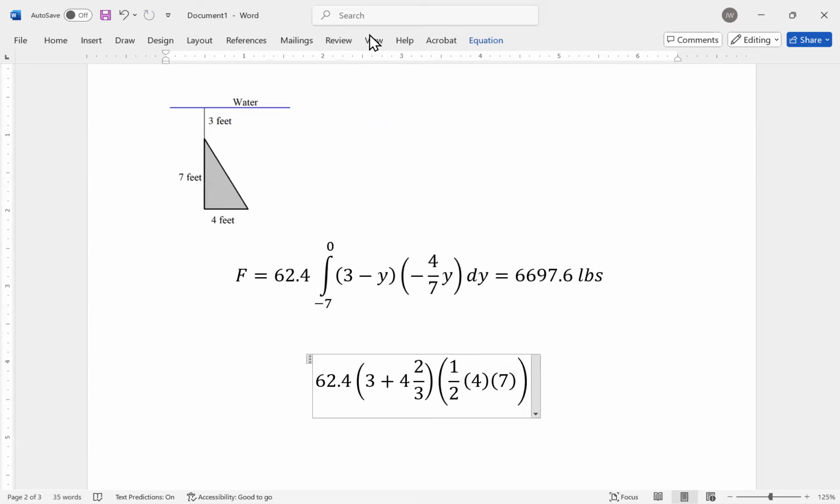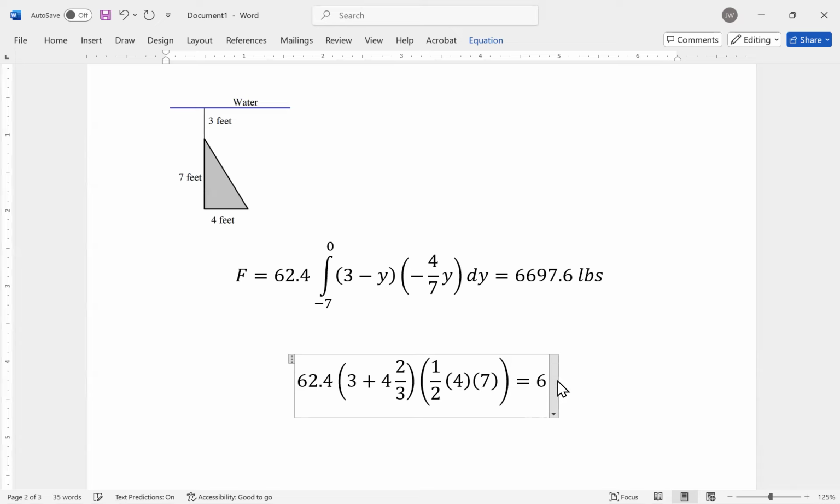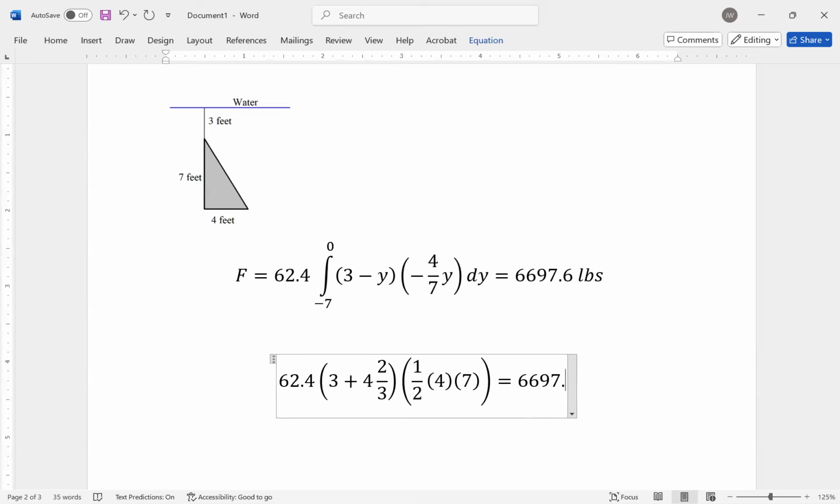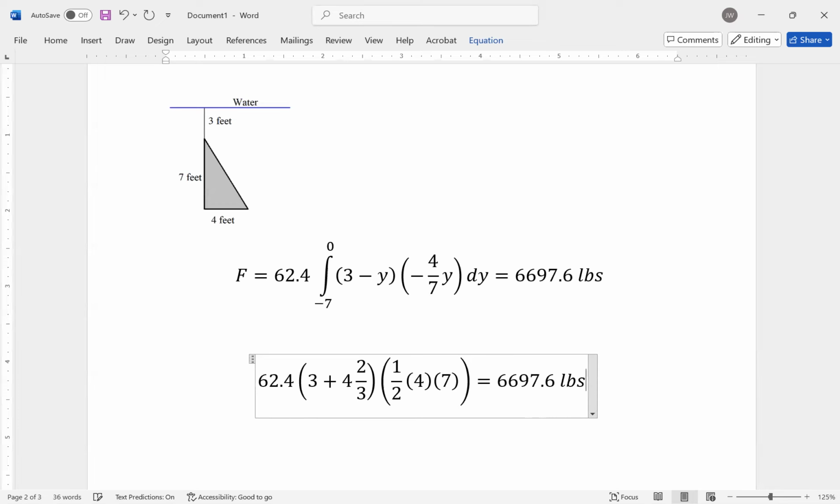So type that in, 62.4 multiplied times 7 2/3 multiplied times 1/2 times 4 times 7. And sure enough, we get the exact same value of 6,697.6 pounds.